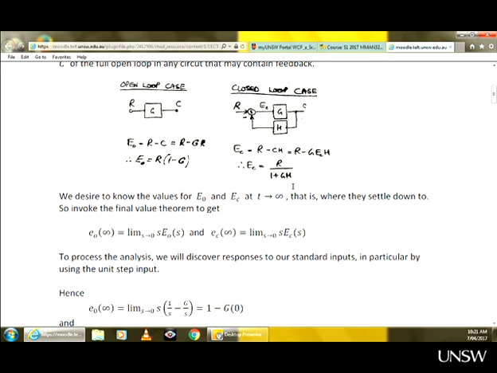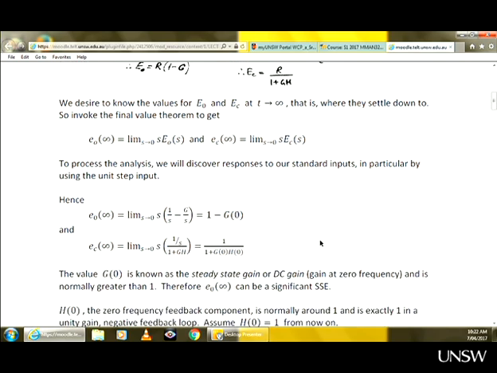But how about the steady state? When the transients are gone, all equal to 0, what happens? The steady state error in the open loop case is S times EO of S. Same goes with the closed loop error: limit when S goes to infinity, S times EC of S. Let's assume unit step input for simplicity.